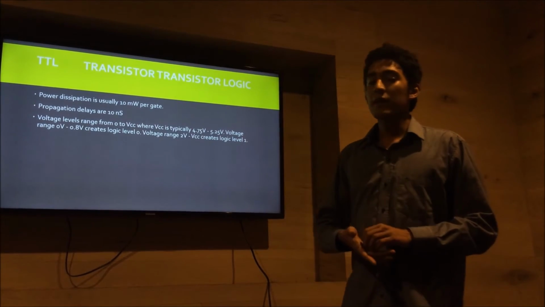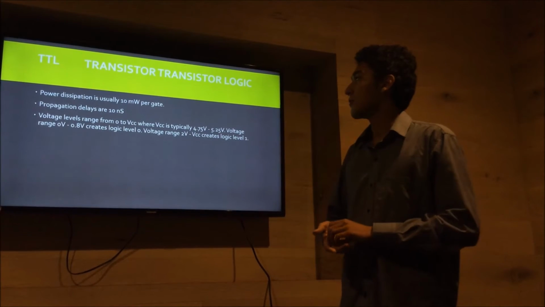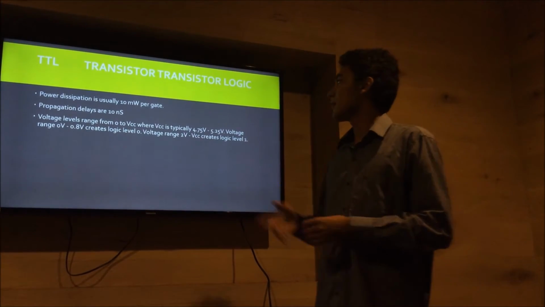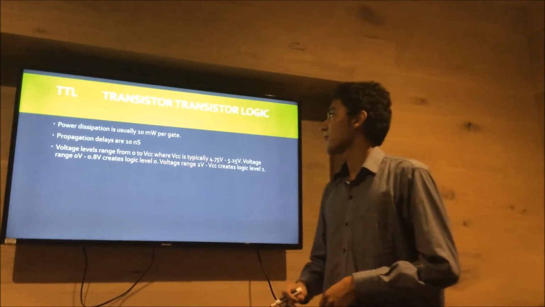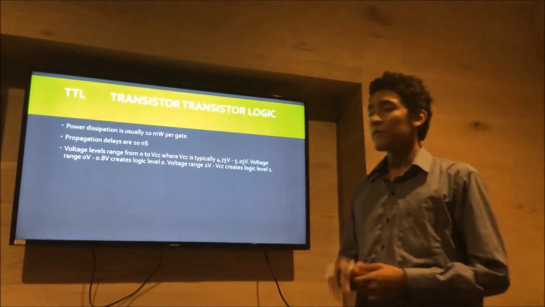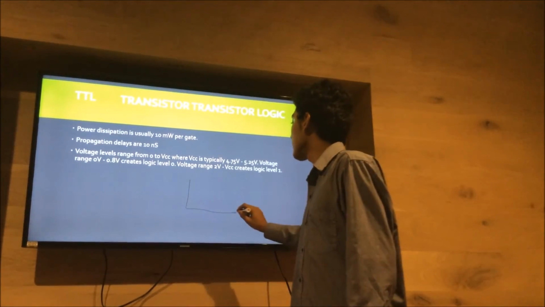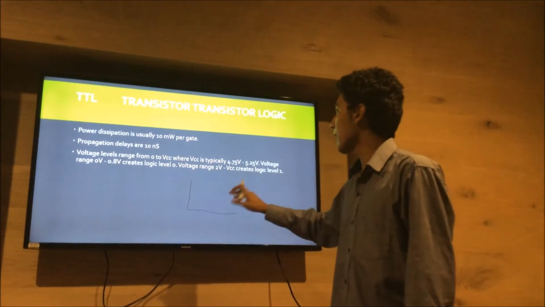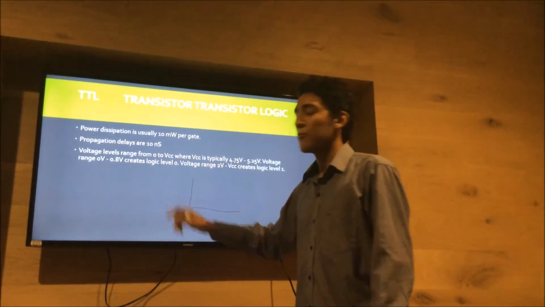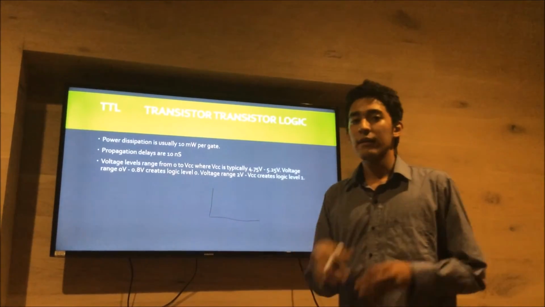The voltage range for 0 goes from 0 to 0.8, and this creates the logic level 0. So we have our graphic, in which we have the low and the high states.